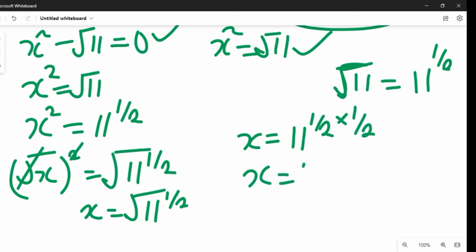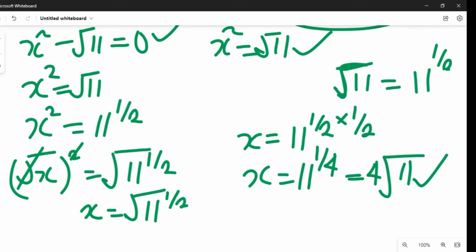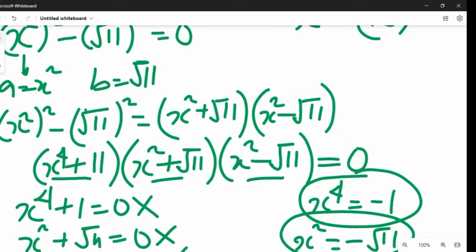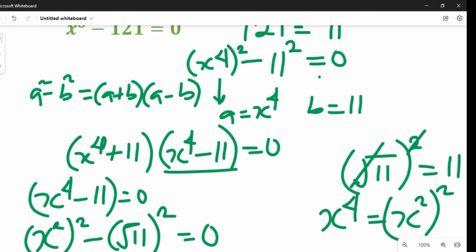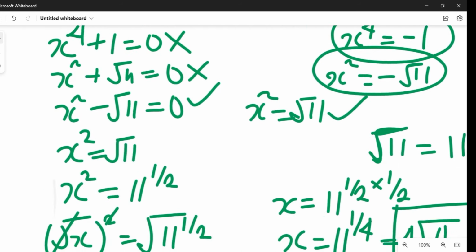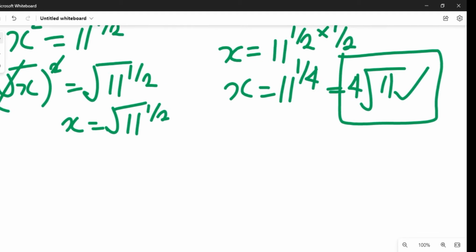Our x will be equal to 11 raised to power 1 over 4. That is the real solution, or it can also be equal to the fourth root of 11, which is a real root. So the solution to the equation given to us in the question, x raised to power 8 minus 121 equal to 0, is the fourth root of 11, or 11 raised to power 1 over 4.